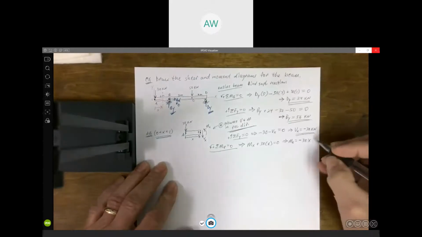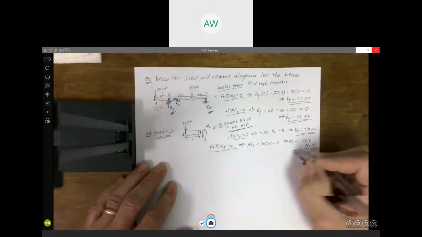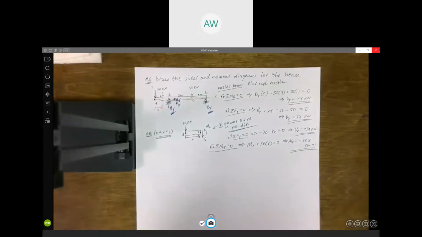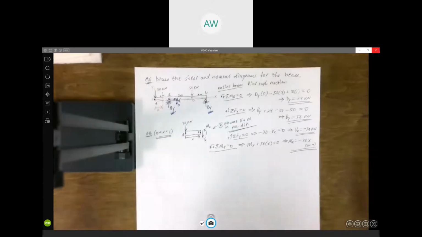And these would be kilonewton meters. So what we've done is gone out here some arbitrary distance x, someplace between A and B, cut it, and solved for the internal shear force and bending moment at that cross section.